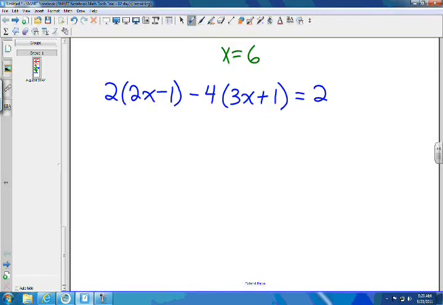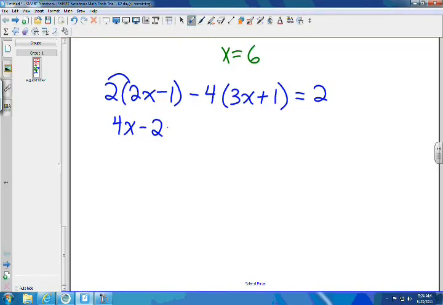Now you got to distribute 2 times over on the left. So multiplying the 2 in, get 4x minus 2. What do we have to be careful of there? The negative. Make sure you distribute negative 4 in there. Negative 4 times 3. So don't put a sign here.